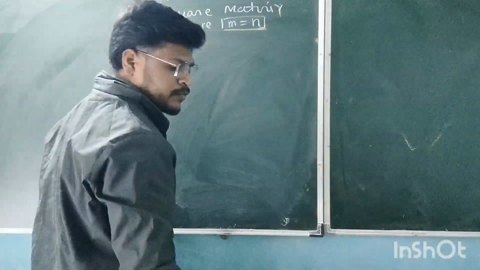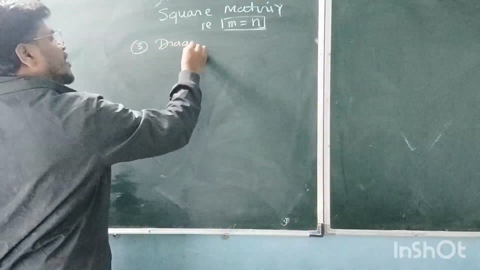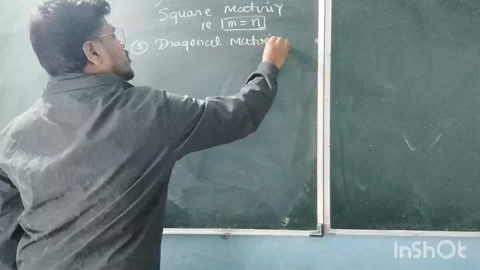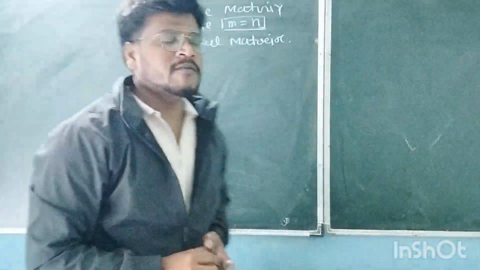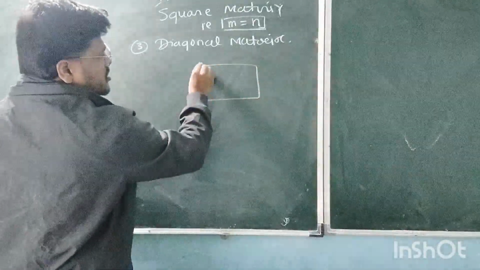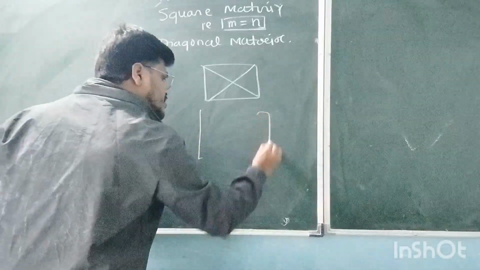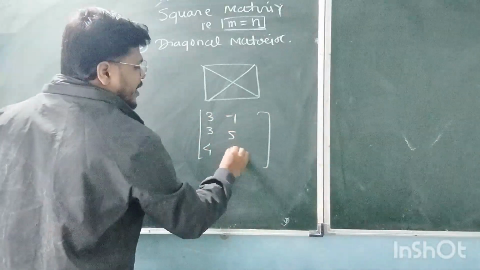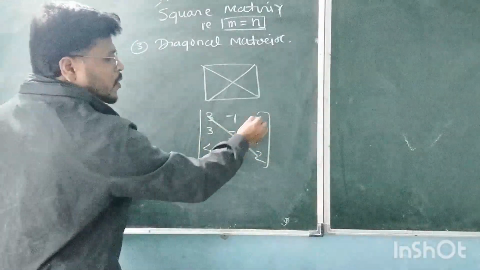Now the next type: what is a diagonal matrix? From the concept of geometry, everyone knows the meaning of diagonal. This is a diagonal and this is a diagonal. But in a matrix, this is a diagonal and this is not a diagonal.